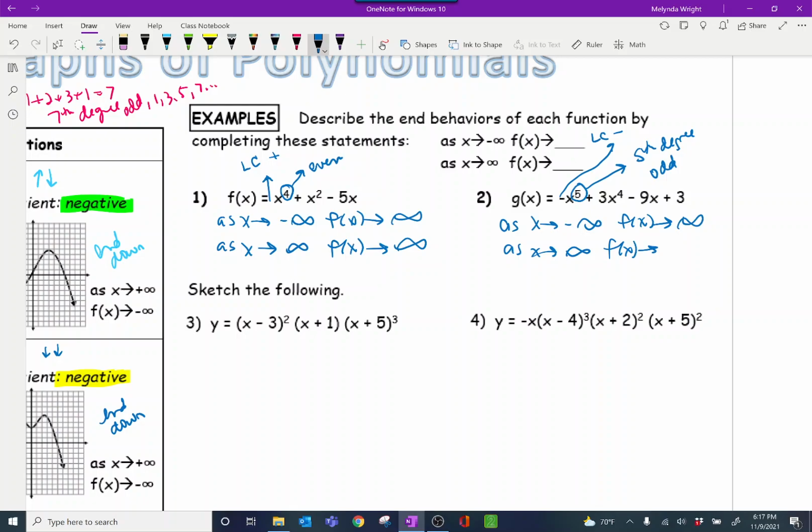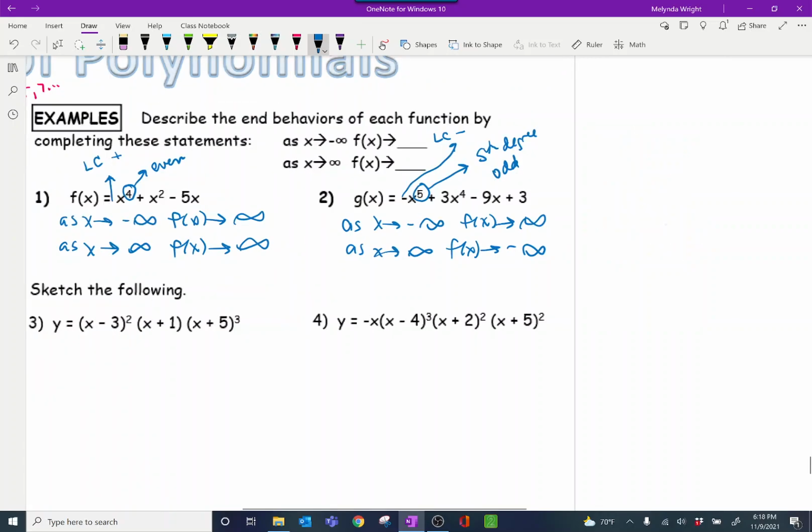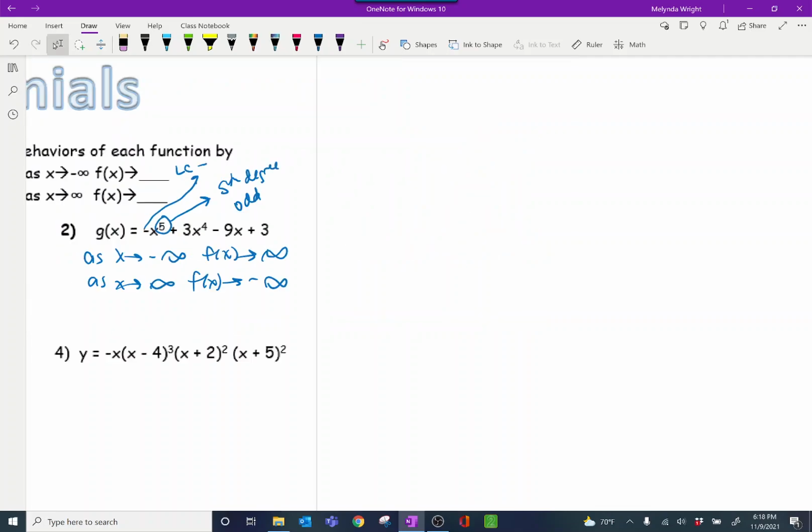All right. Now, before we start sketching, I do have some, you're like, no, there's no more guidelines. Sorry, there are a few more guidelines we have to go through. I guess there's a lot going on with sketching polynomials. We're going to go over here to the side, and we're going to look at some information that will help us before we start this next piece where we're graphing.